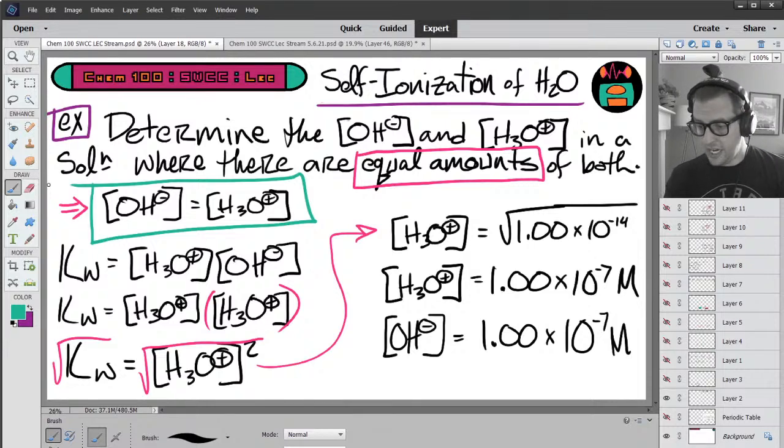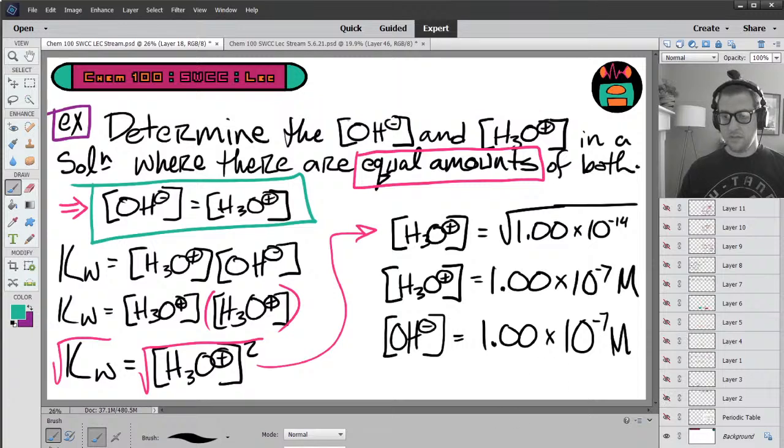Now, this solution has a special designation. This is known as a neutral solution.